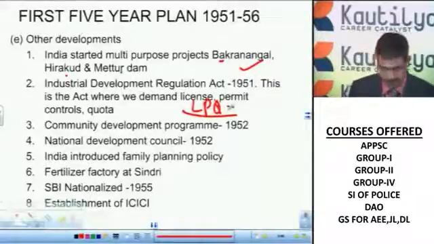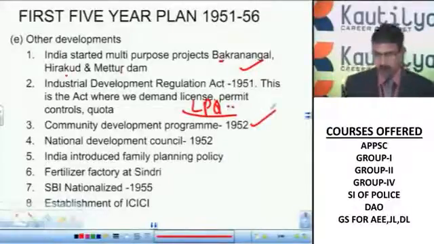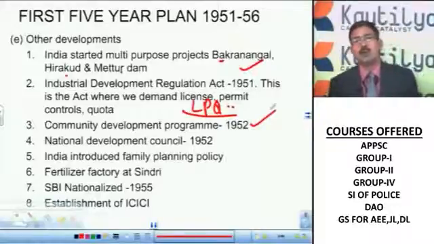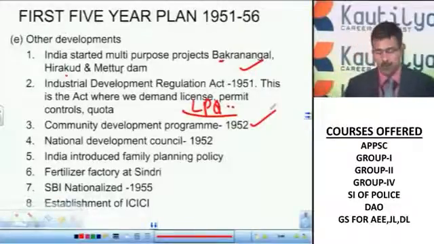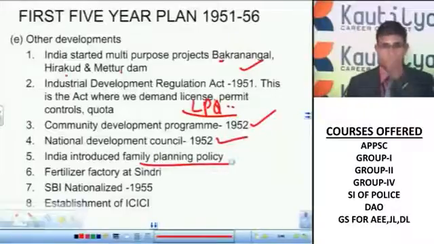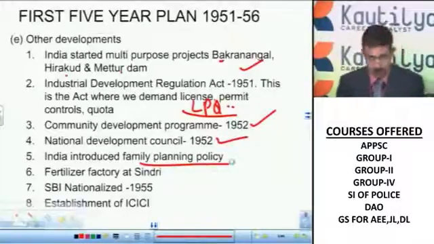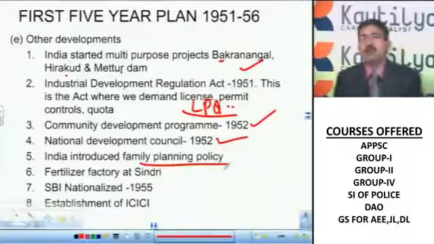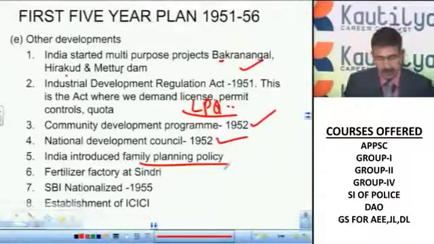Initially the first Community Development Program, CDP, was launched in 1952. It is the first rural development program. The National Development Council was established here, and India is among the first countries to launch a family planning policy. Alongside, to support agriculture, a fertilizer factory was established at Sindri.